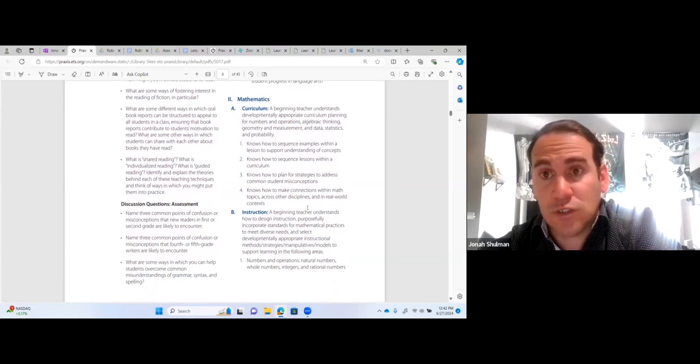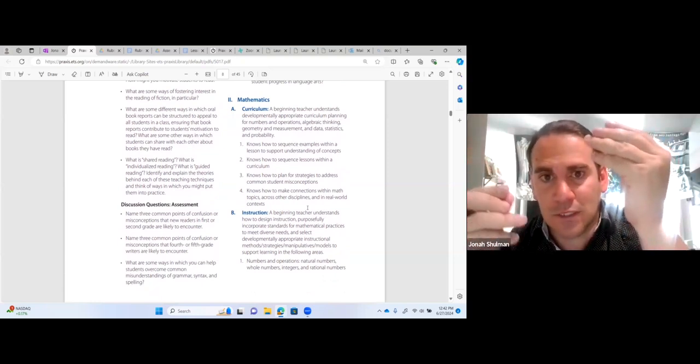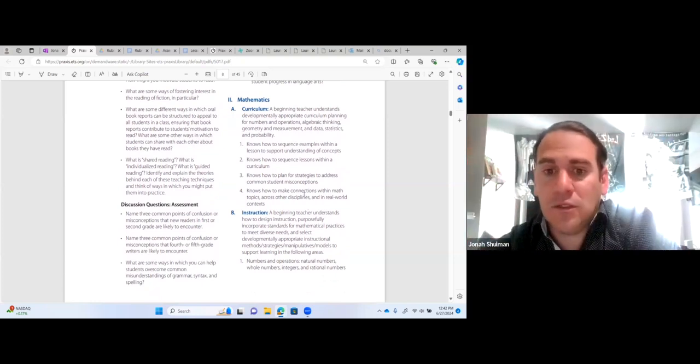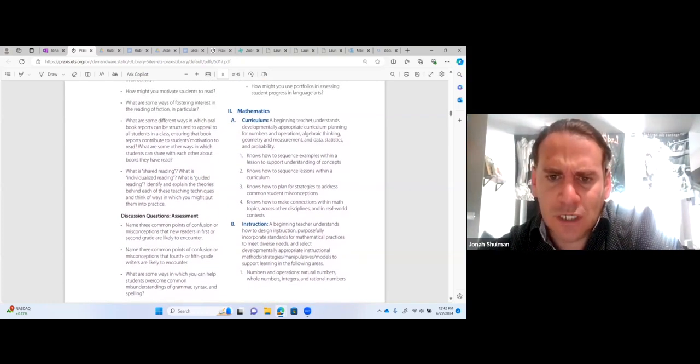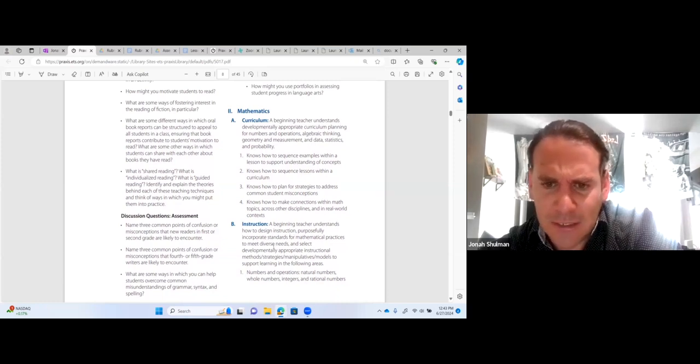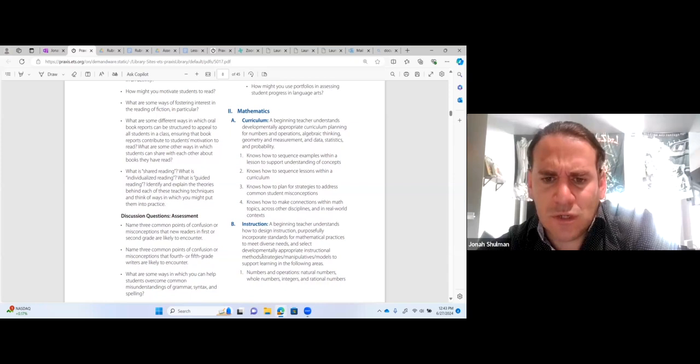Now, B is instruction. This is where we're going to get into the content, the real nitty gritty. So basically, for instruction, it says how to design instruction, incorporate the standards of mathematical practices to meet diverse needs, and select developmentally appropriate instructional methods, strategies, manipulative models to support learning in these areas.